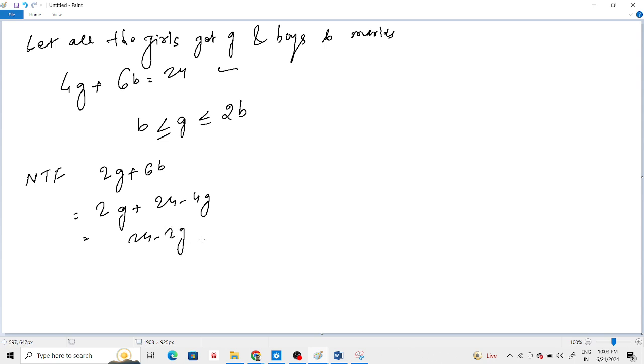So I need to find the possible integral values of this.